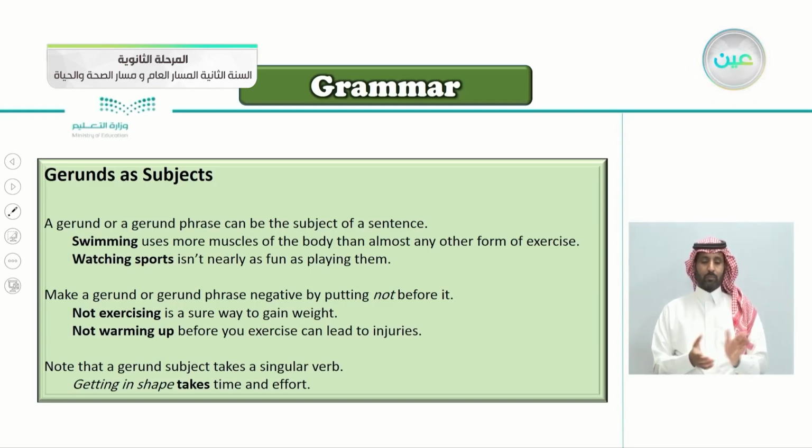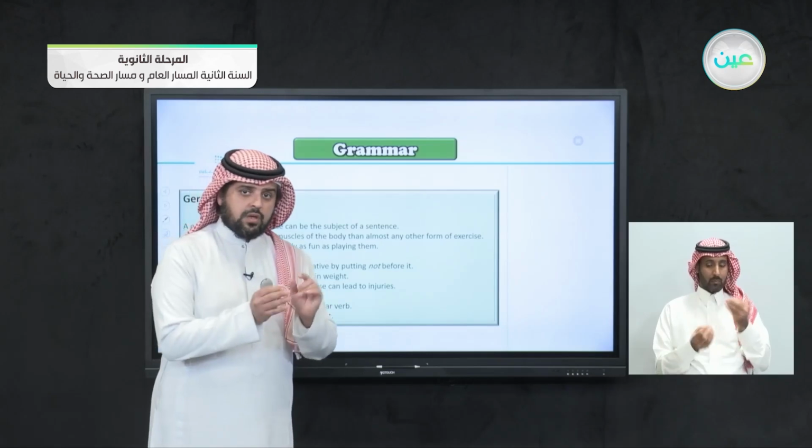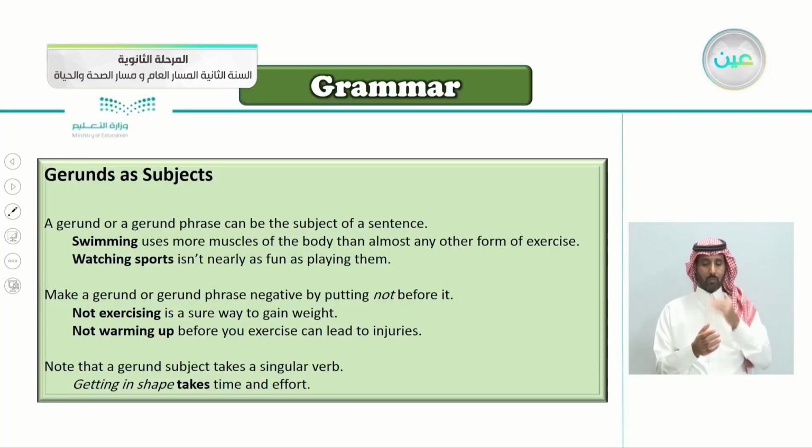The next part here: make a gerund or a gerund phrase negative by putting not before it. So how do we make a gerund or a gerund phrase negative? We just put the word not before it. Let's see here. Not exercising is a sure way to gain weight. Not warming up before you exercise can lead to injuries.